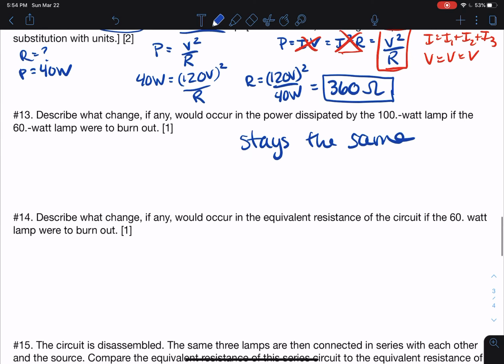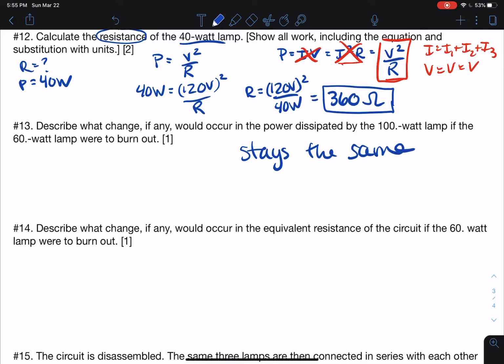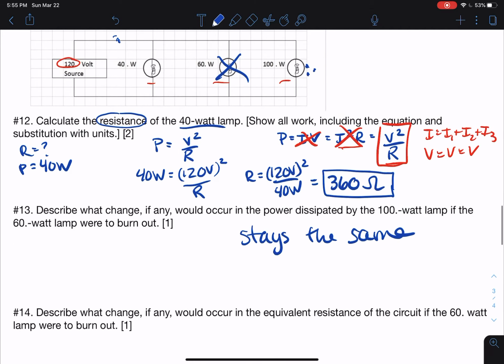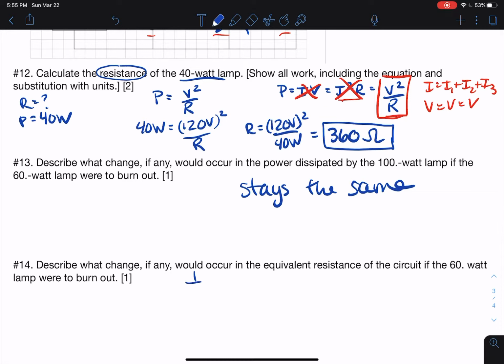Okay, describe what change, if any, would occur in the equivalent resistance of the circuit if the 60-watt lamp were to burn out. Well, if the 60-watt lamp were to burn out, this whole equation, 1 over R1 plus 1 over R2 plus 1 over R3, is going to change the whole system here.